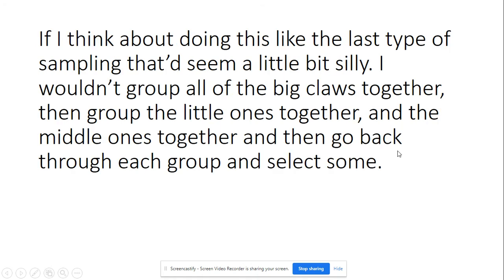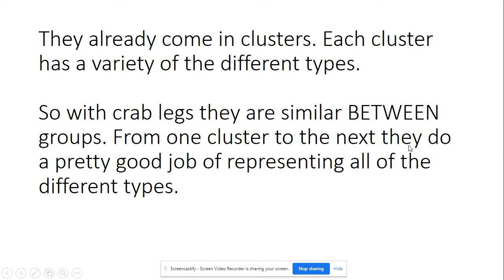So if I think about doing this is what I was talking about. It'd be weird to walk by and take one of each and then throw the rest back. So they already come in clusters. Each cluster represents a variety. It's got some of the big ones, some of the regular ones, some of the little ones. Every time I take a cluster, I'm getting a good variety that represents the population. So crab legs, they are similar between the groups.